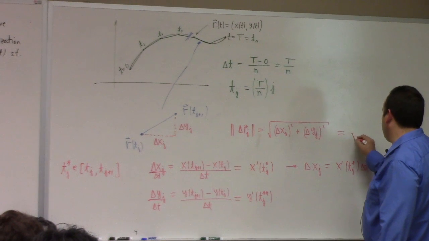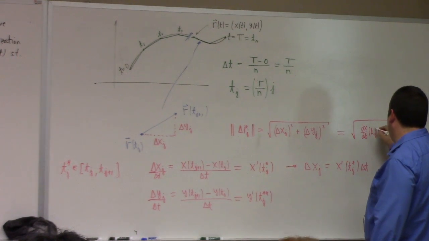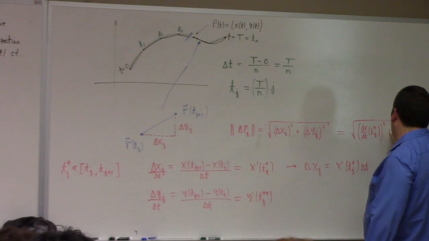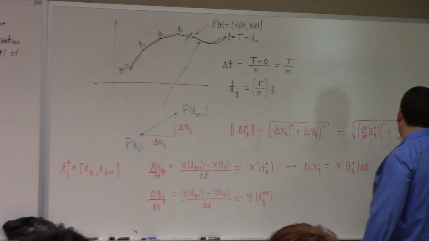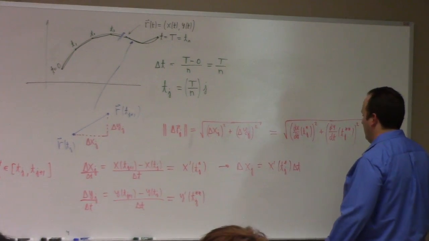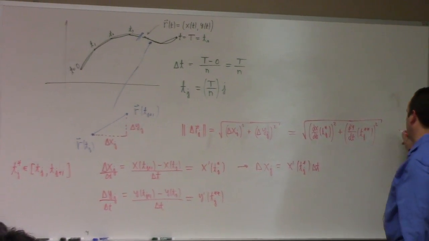So I've got the square root of dx dt at tj star, quantity squared, plus dy dt at tj star star, quantity squared. And I just decided I'm going to have a delta t squared on both of these terms, so let's just factor it out.